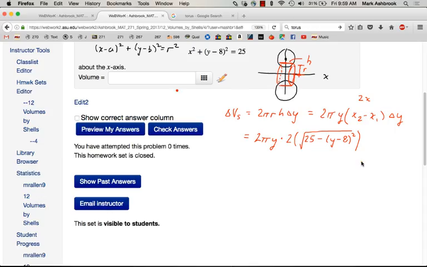The plus square root would be this coordinate out here, and the minus square root would be this coordinate over to the left. So if you did x2 minus x1, you'd have positive square root minus negative square root, which is the same as 2 times the square root. That's how it turns out to be the same. The point on the right side of the circle is the positive square root, and the point on the left side is the negative square root if you wanted to do x2 minus x1, but you get the same thing.